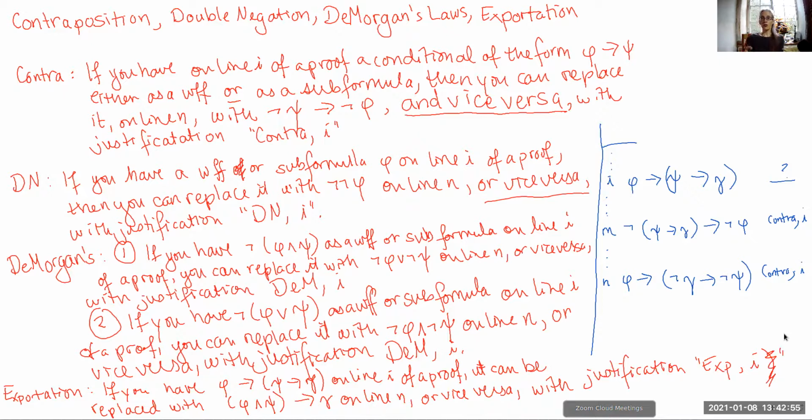So all of these are replacement rules. Anytime that you see a formula or subformula that has one of these forms, you can replace it with the other one, keeping everything else in the formula unchanged, and justify it with reference to one of these four rules of replacement. As with all of the proof rules, they become a lot easier to understand once you actually see them in action.